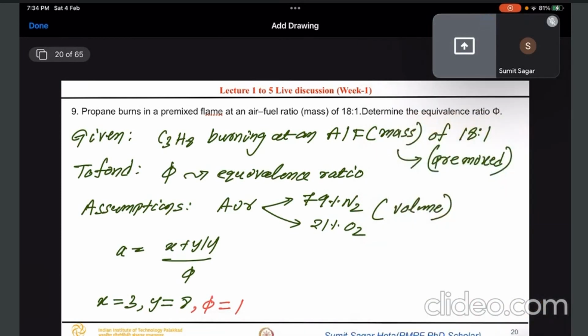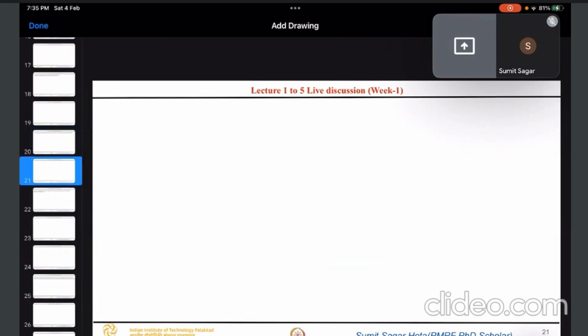By putting all these values, you get the A value: 3 plus 8/4 divided by 1, which gives A equal to 5. You get the A value now.